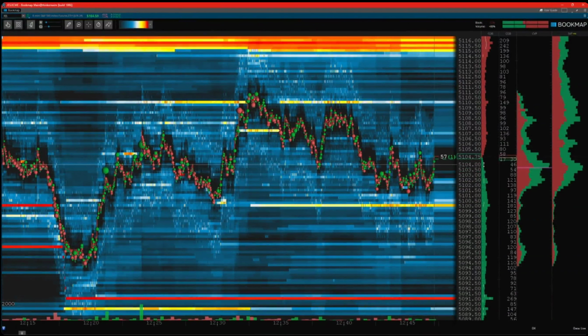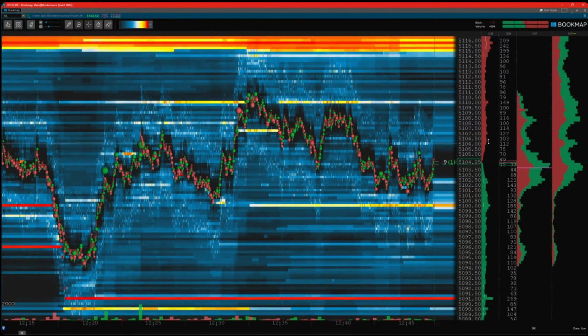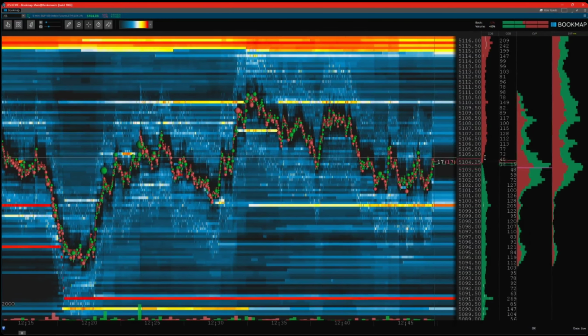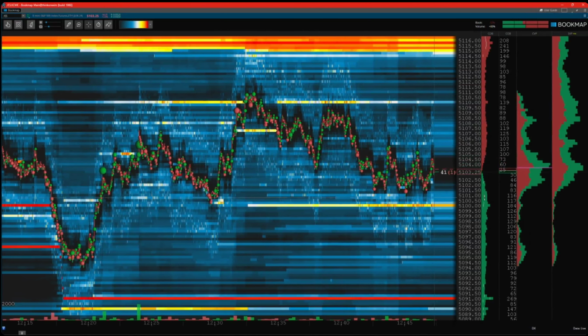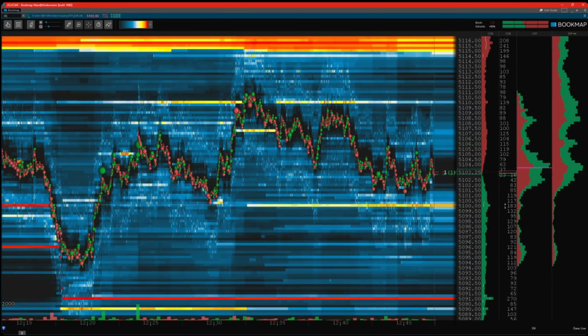So we see right here the bulls are stepping in, right? You see the sellers right here, depending on who's taller. It's going to be who's stronger or who has more contracts pushing it. So 5100, there's 184 contracts waiting.